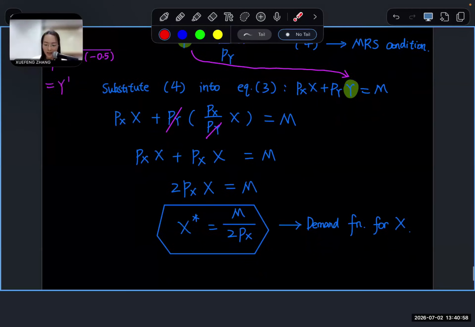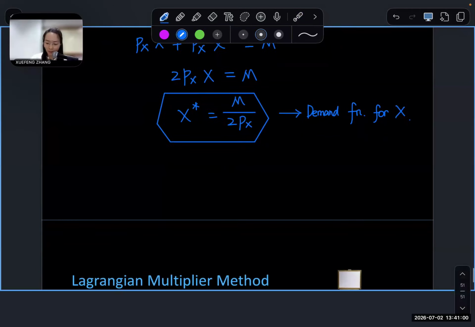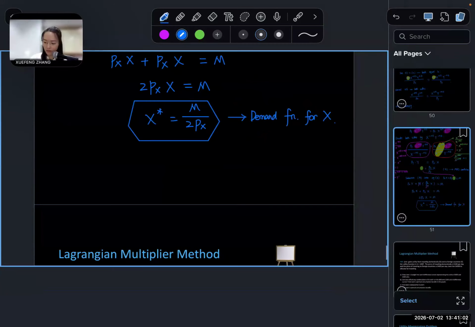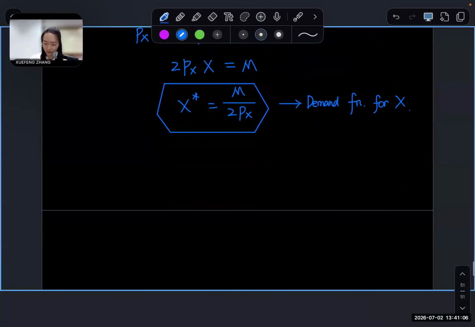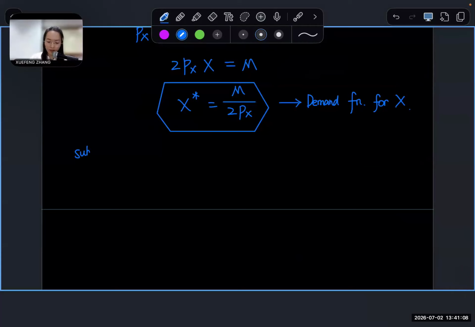Okay, so substitute this one back into equation 4.